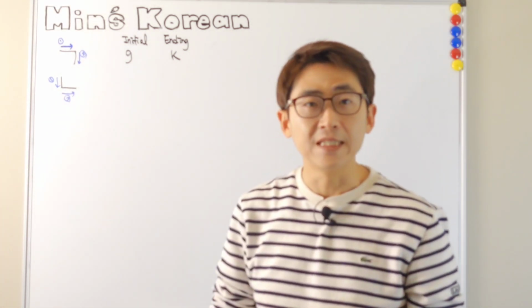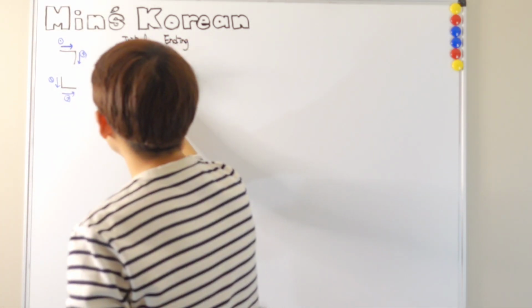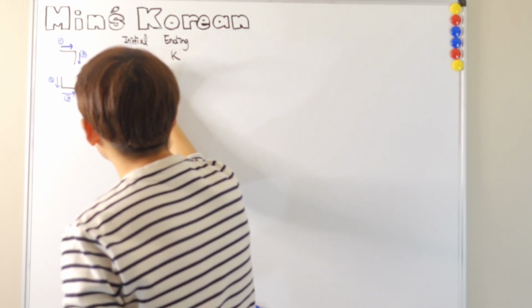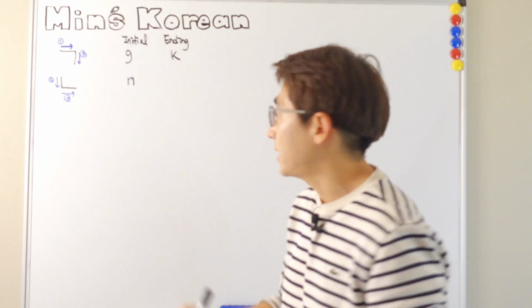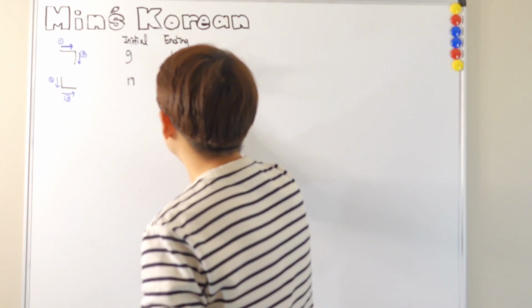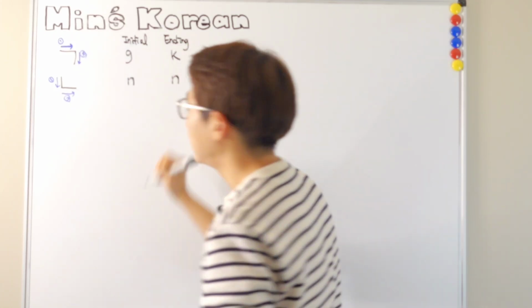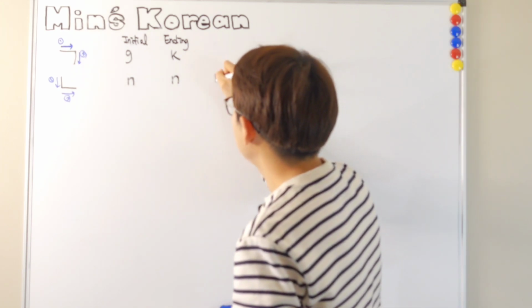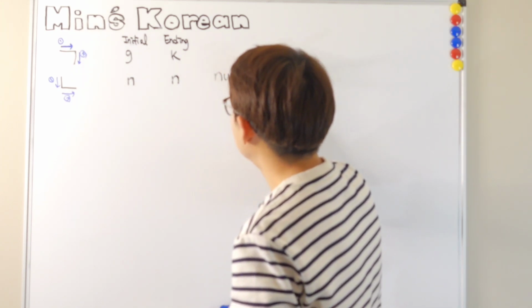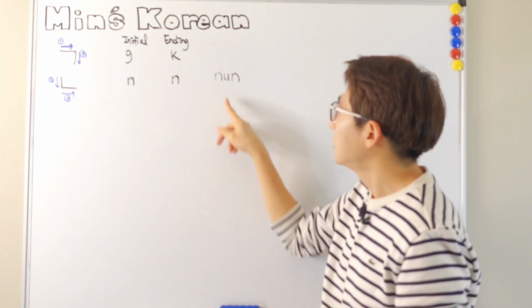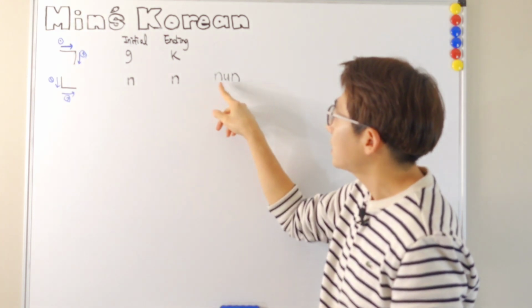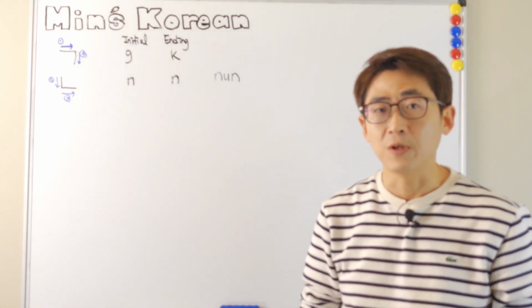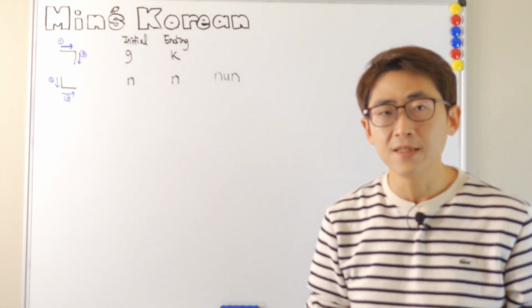Okay, so 니은, and the initial sound is n, and the ending sound is also the same. So an example would be here, none. Ending and initial all the same. All right, that's the second one, 니은.